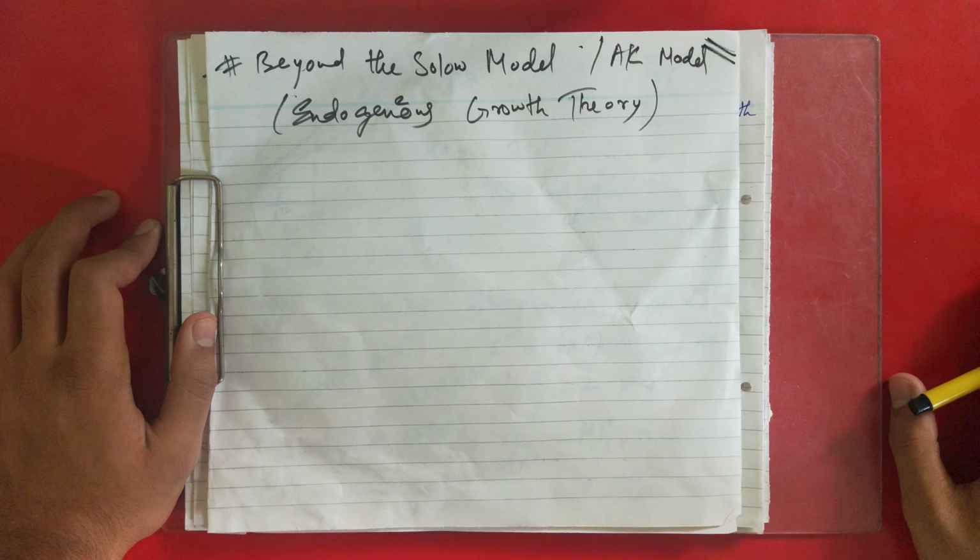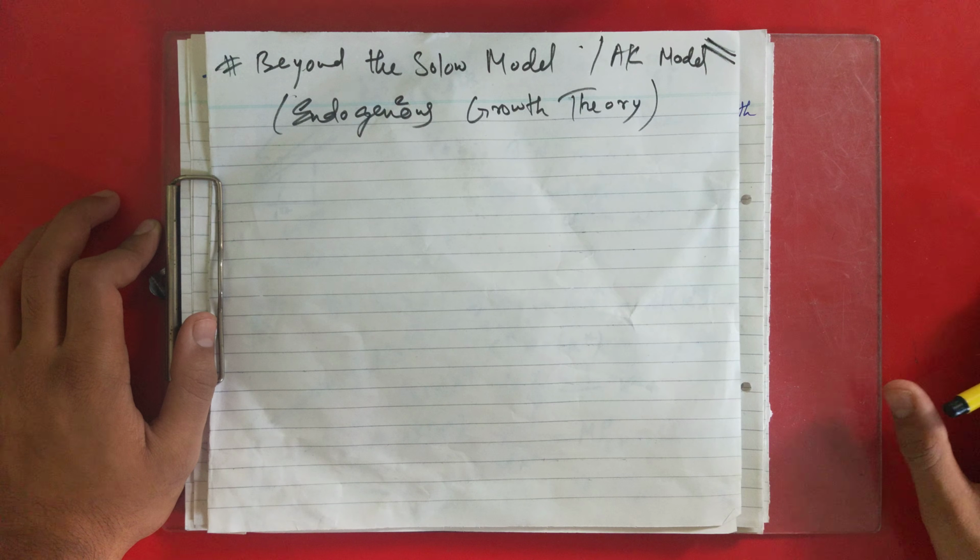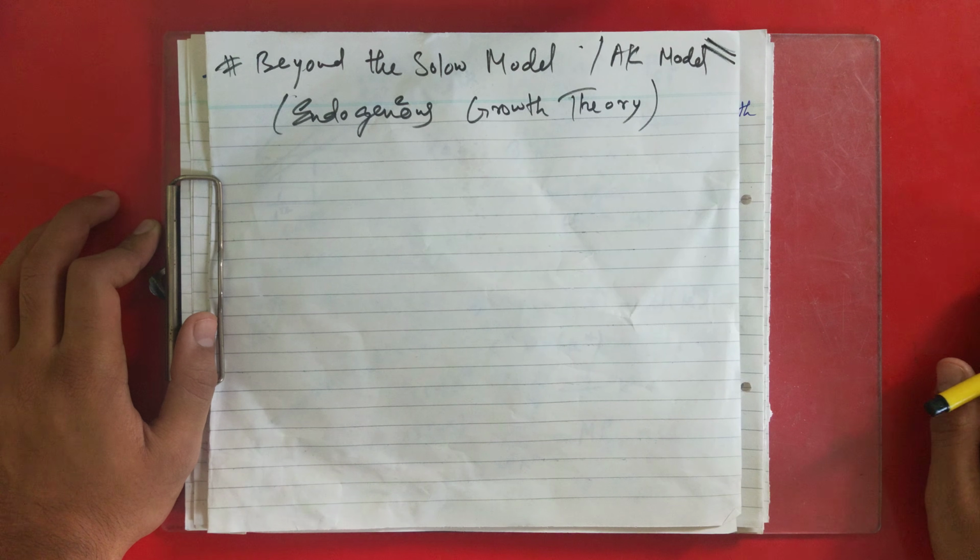As you know, according to the Solow model, long run economic growth is sustained by exogenously determined technological progress, right? We studied that in the previous class itself.